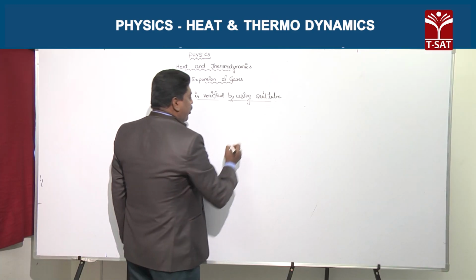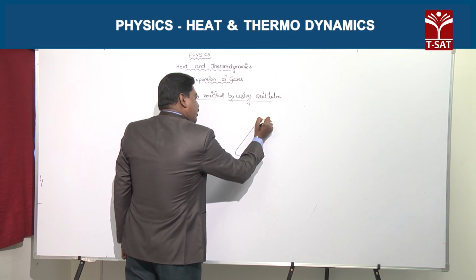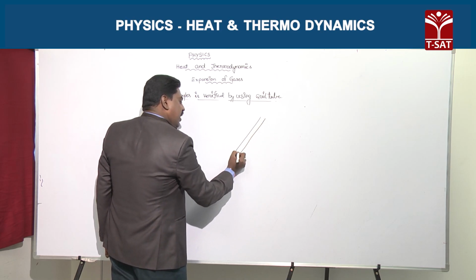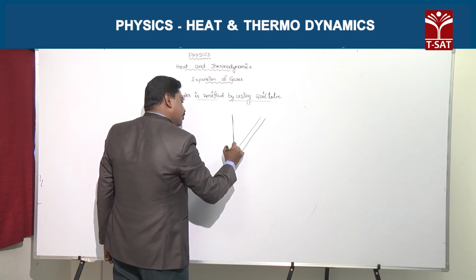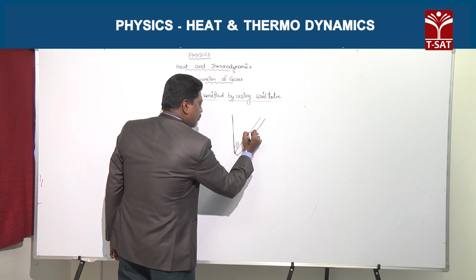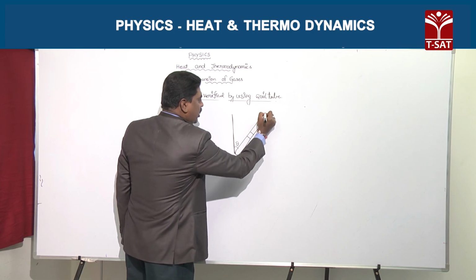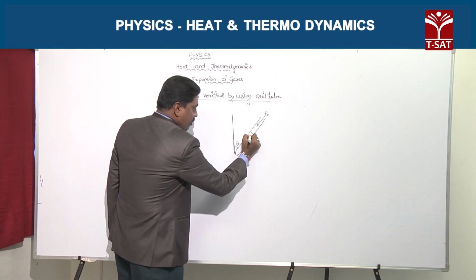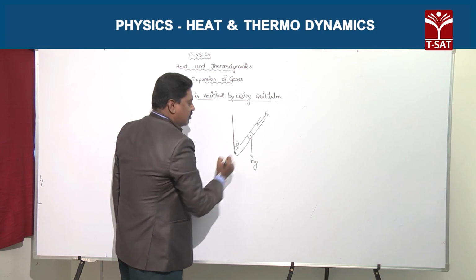Now let the capillary tube be held with open end upwards making an angle theta with the vertical. Atmospheric pressure acting is P0. Weight of the mercury is acting vertically downwards.